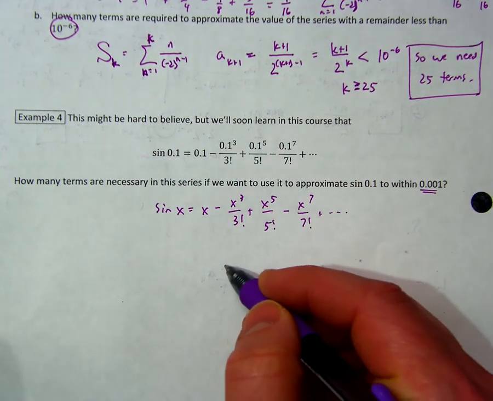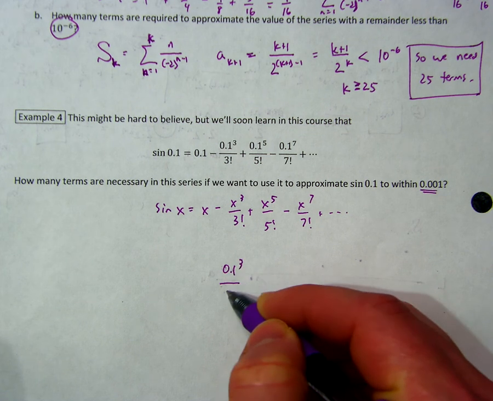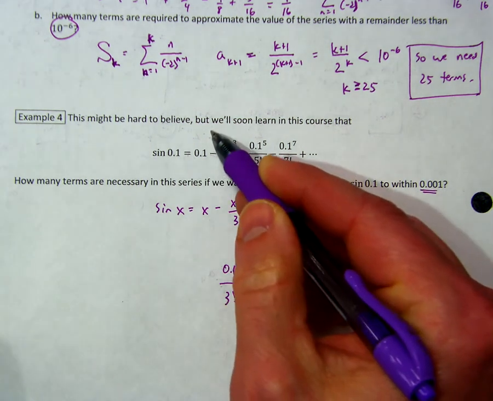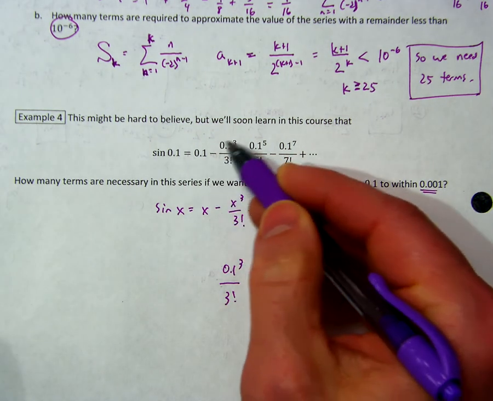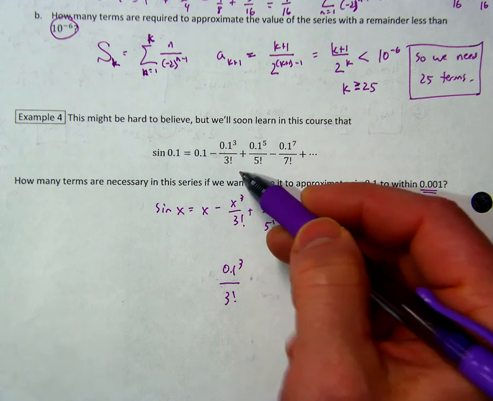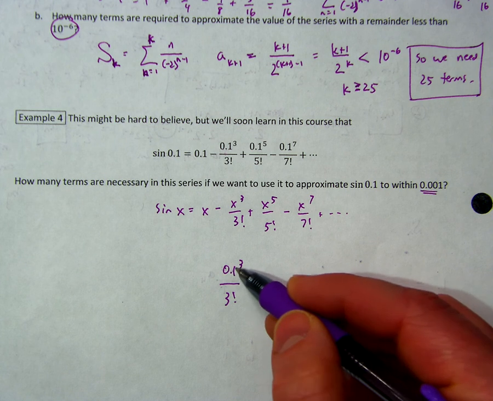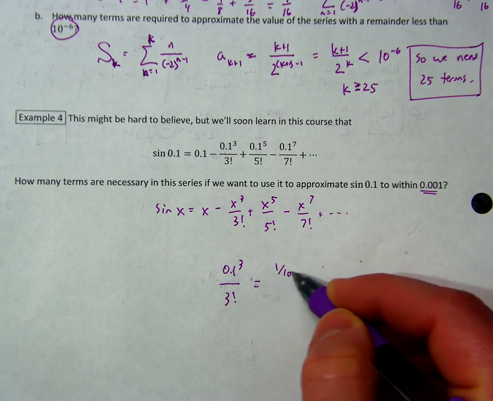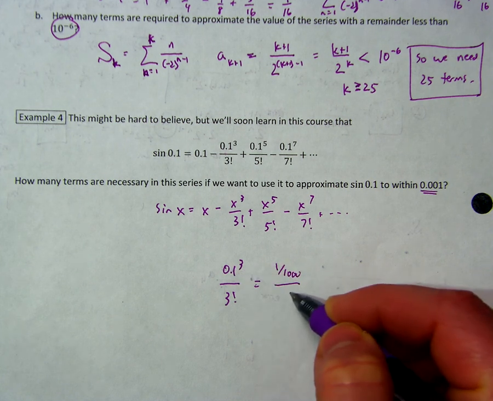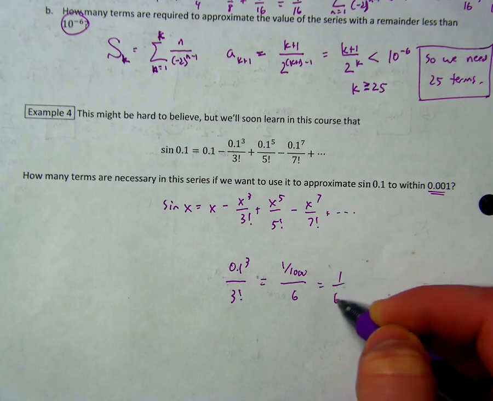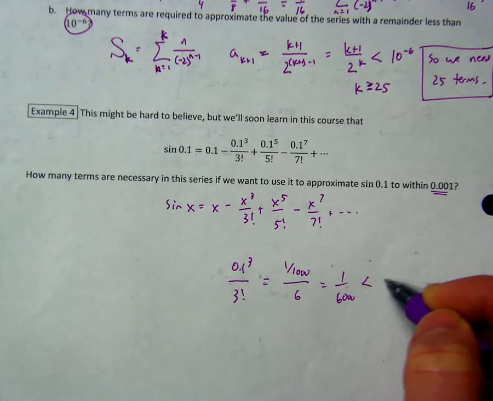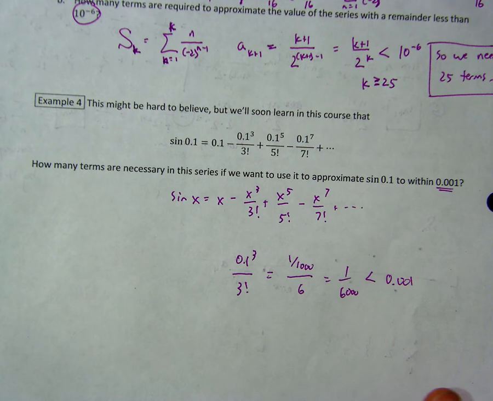So let's start looking at these terms and see, well, what if we just stopped here? The error would be less than or equal to the 10th cubed over 3 factorial. But this is crazy. A 10th cubed is actually 1,000th, over 6. So that's a 6,000th. That's already less than 1,000th.